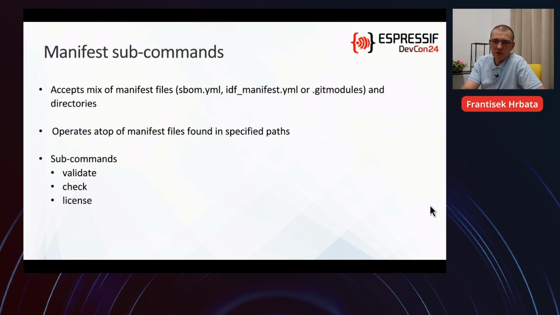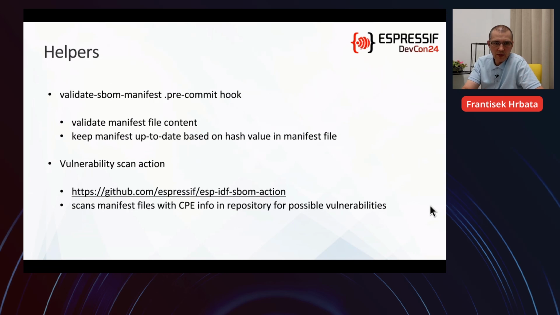So this is something that we are using, for example, in our CI for checking our repositories for possible new vulnerabilities, or if all the manifest files are valid. And these are just some helpers. We are using a pre-commit hook, which is part of the esp-idf-sbom. You can see the details on the GitHub. We are using it to validate the manifest file, and if the hash is provided, as I was talking previously, it can verify that the manifest information is up to date with the source code.